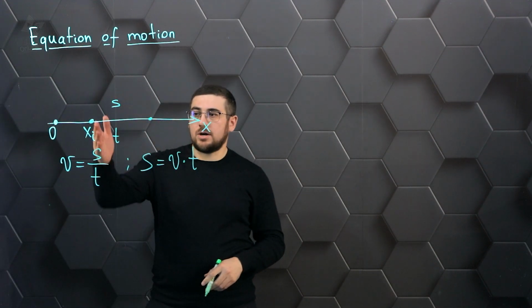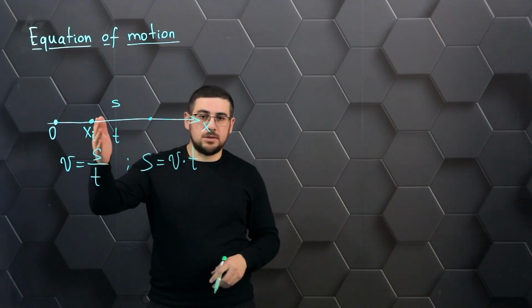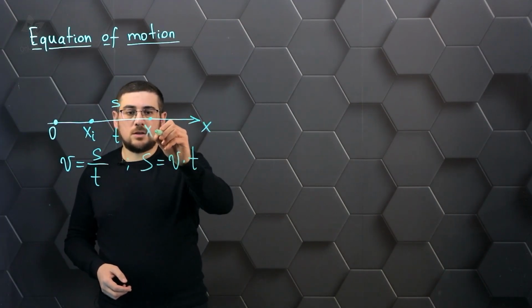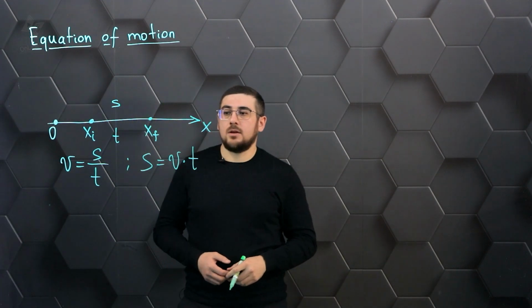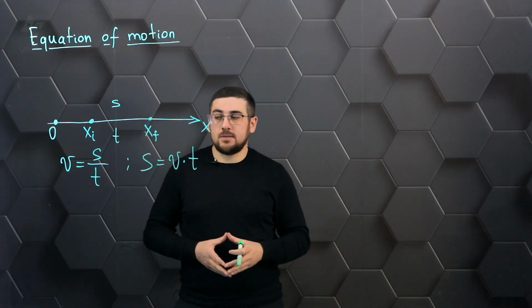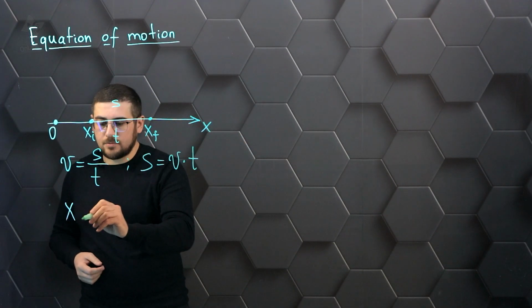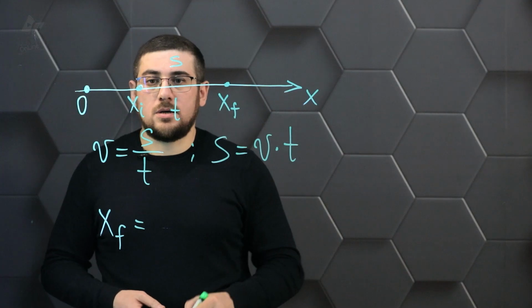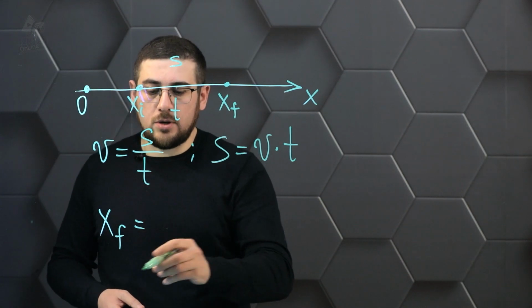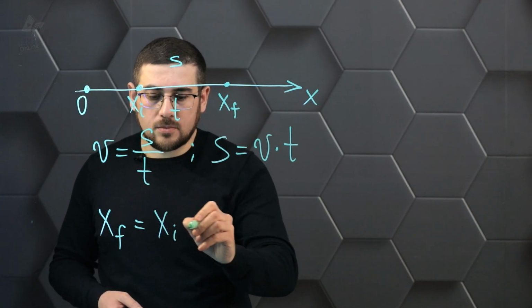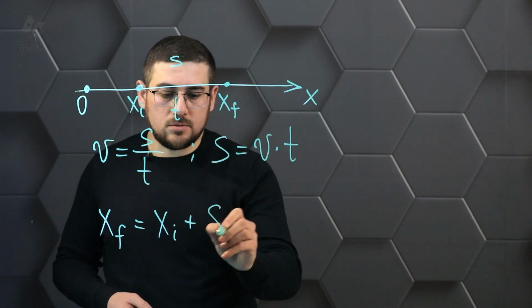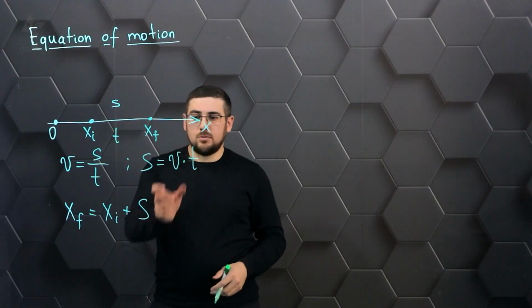We show it by the point x initial, and respectively the final coordinate of the body x final, and then in this way we can show that the final coordinate of the body will be equal to the sum of the initial coordinate, so it's the initial distance from 0 from the beginning of the reference, plus the displacement made by this body, plus s. So instead of s, we substitute this value.